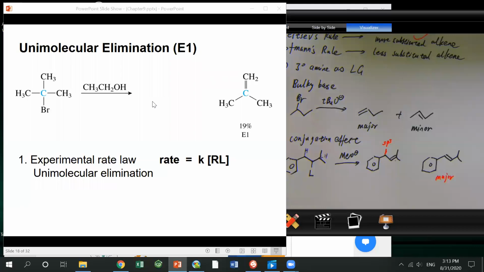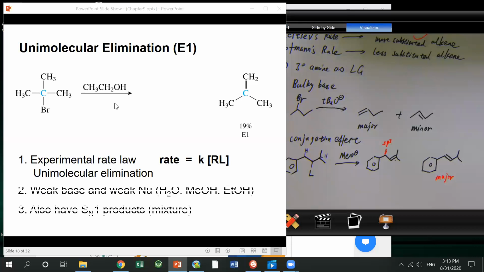All right, now we're done with E2 elimination, so we move to E1 elimination. We can learn this one by comparing it with SN1 reactions. E1 is called unimolecular elimination, because the reaction rate law only involves the substrate and has nothing to do with the base.